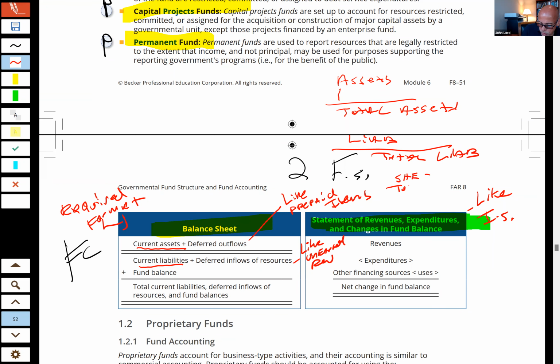They give you the total stockholders' equity. And then they have a bottom line where they say total liabilities plus stockholders' equity.